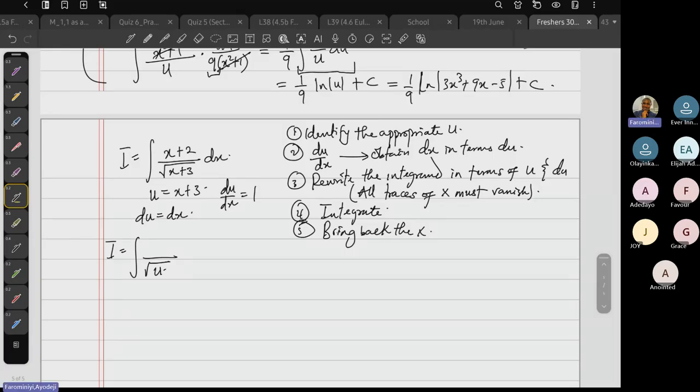Since u is equal to x plus 3, if you subtract 3 from both sides, x will be equal to u minus 3. Then x plus 2 will be u minus 3 plus 2, which is u minus 1. So this is u minus 1 all over square root of u. Then our dx that was here is now going to be du.